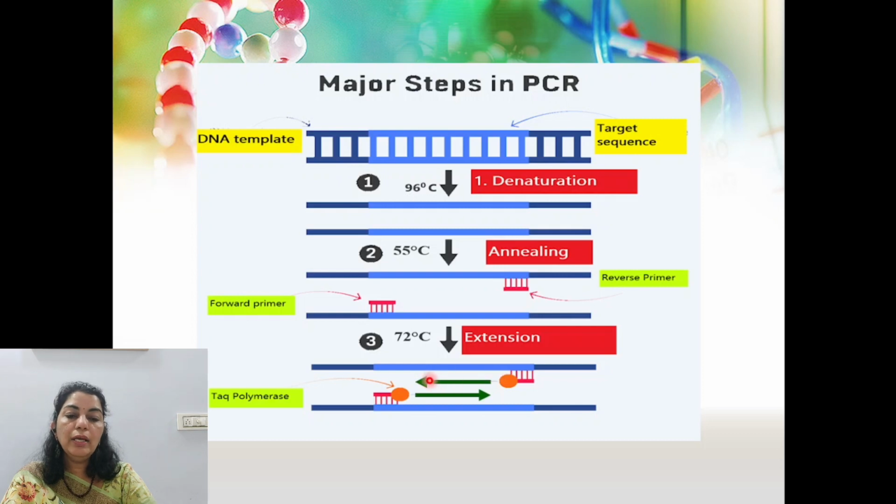And in this way it carries out extension of the DNA chain. So, at the end of one cycle, we are getting 2 DNA molecules. This cycle repeats several times, and after about 3 to 4 hours, you will get nearly 1 billion copies of the DNA.